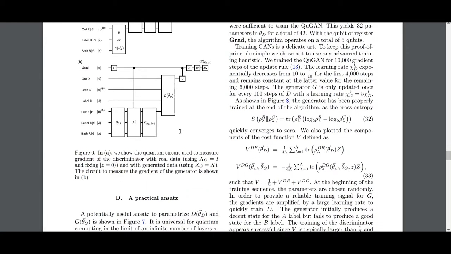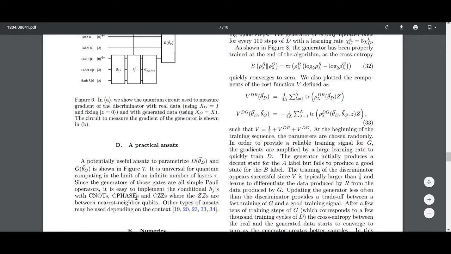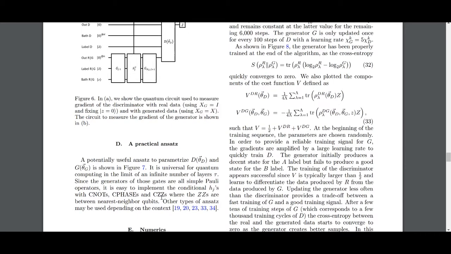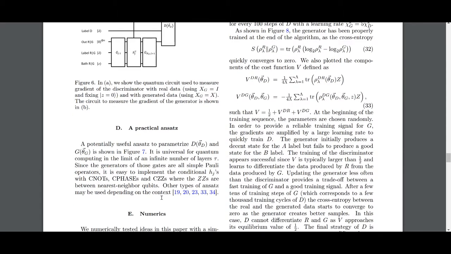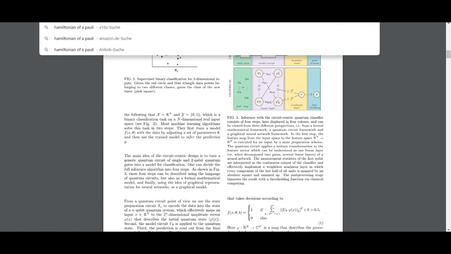How do you implement that Hamiltonian? It says here, it is easy to implement the conditional Hamiltonians with C naughts, C phases, CZZs. Since the generators of those gates are all simple Pauli operators, maybe what is the Hamiltonian of a Pauli operator?